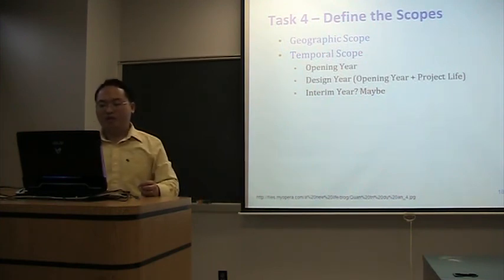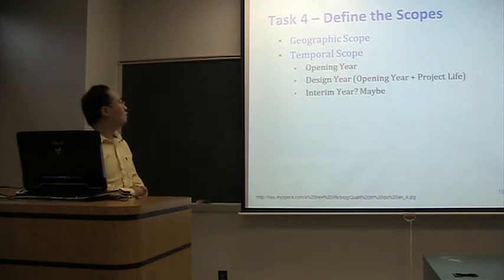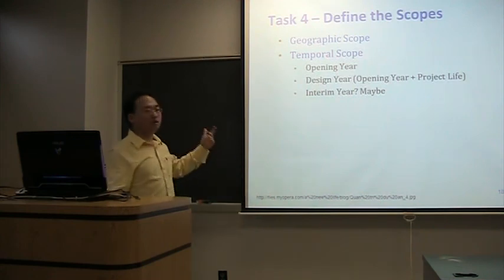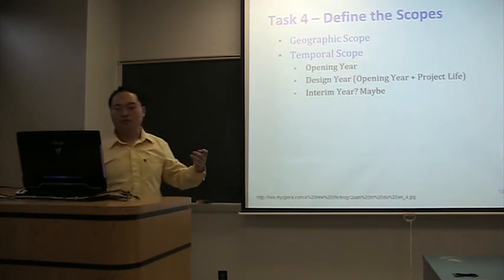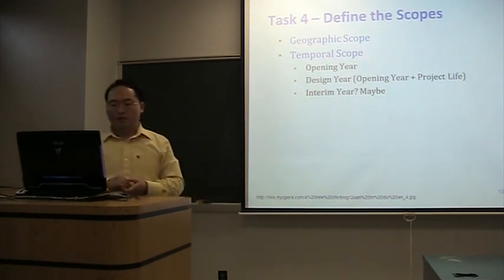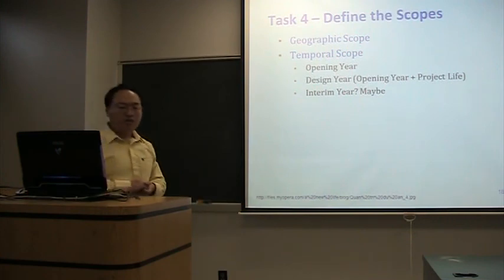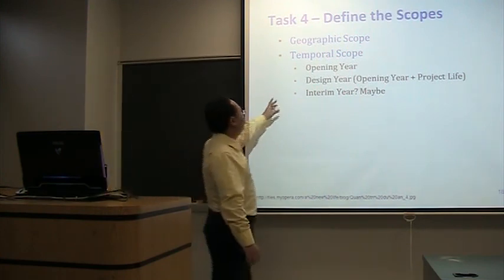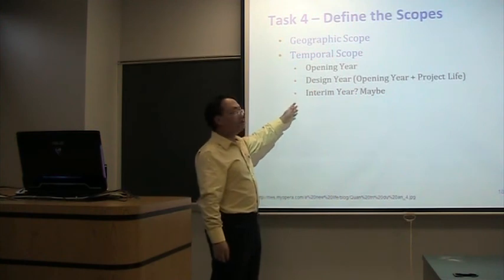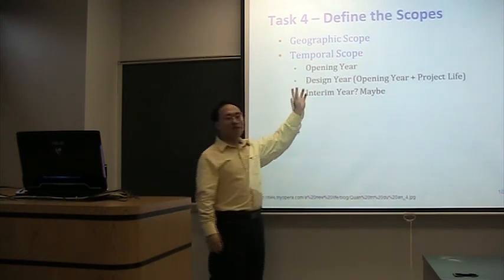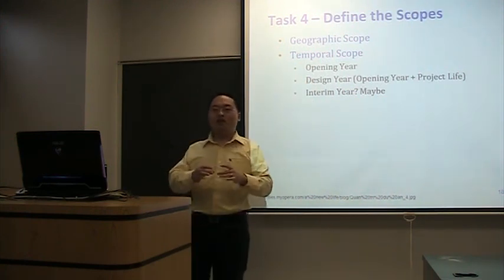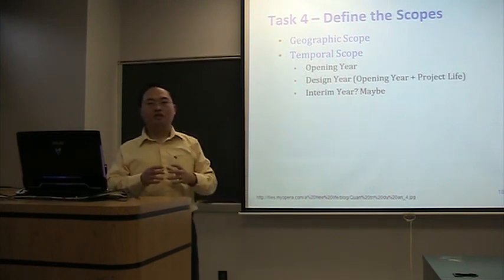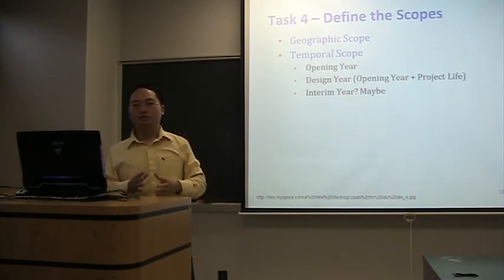The fourth task is to define the scopes. I use the plural, scopes, because we have two scopes, geographic scope and temporal scope. For temporal scope, we have to understand three things. The first thing is the opening year, which means the year that this project is finished and is open to the public.